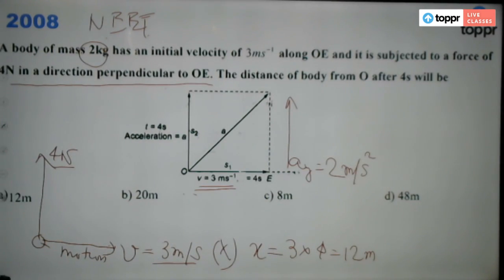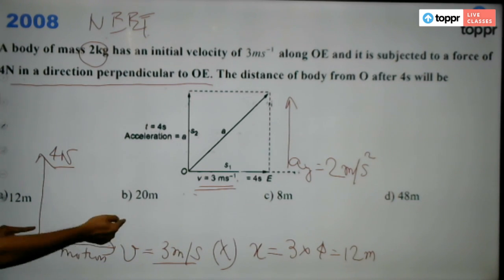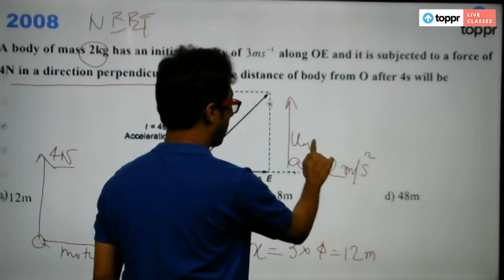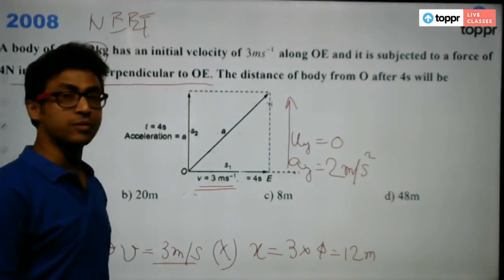And what was the initial velocity in the y direction? Can you guess? The initial velocity in the y direction is 0, because the initial velocity is given only along the x-axis.